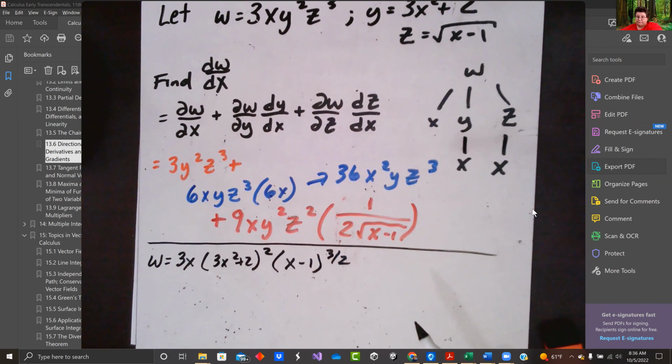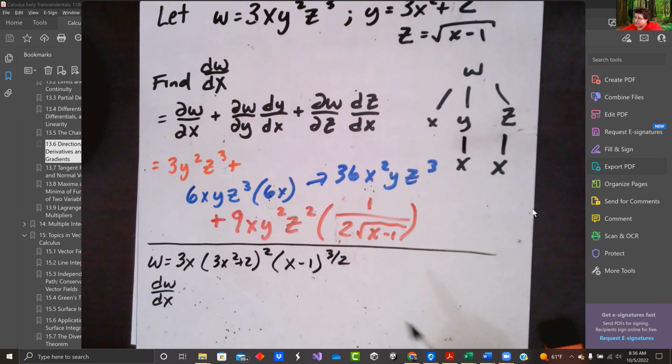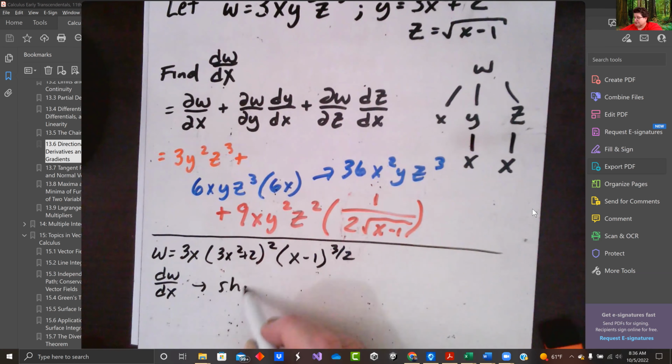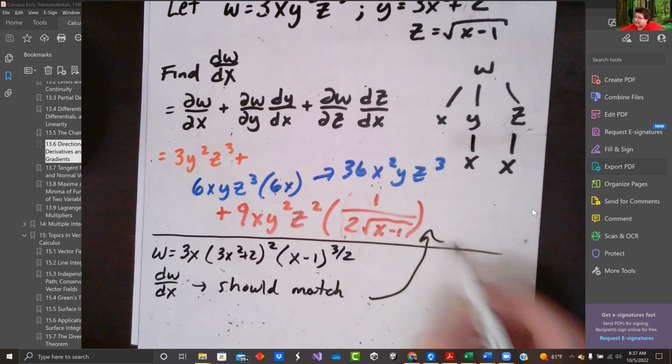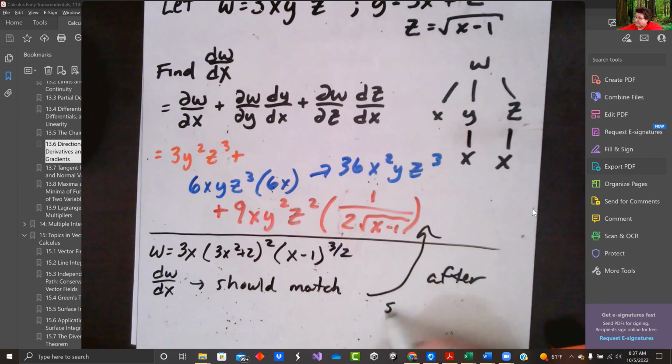But you could do it. So then you could do, it's not even a partial anymore. There's no partials anywhere. It's just dw dx. And this should match that after substitutions.